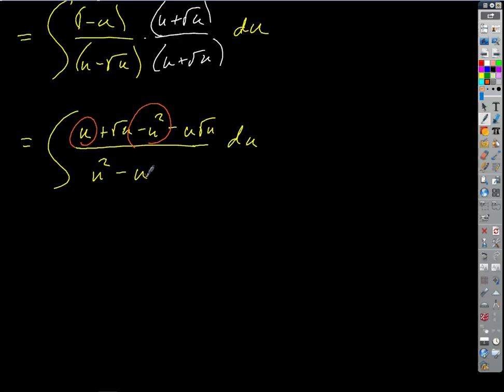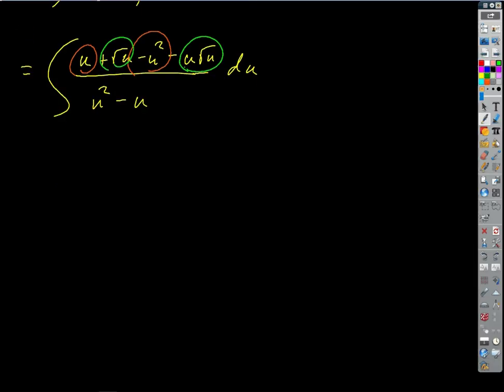So that could be one fraction. What about the other fraction? If we group it with these two terms, what if I factored out a square root of u on top? Then I end up with negative square root of u times u minus 1. Well, if I factor out a u on the bottom, I get a u minus 1 that cancels. See what I'm saying? Oh, I gotta show you that.